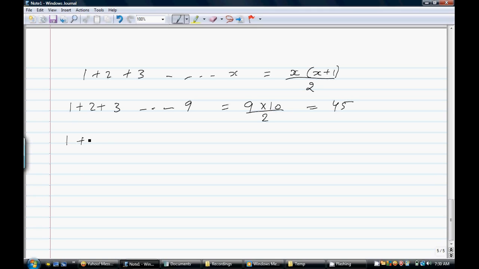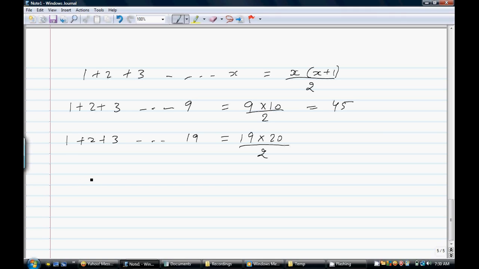Similarly, 1 plus 2 plus 3 up to 19, so I have to do 19 into 20 divided by 2. Now suppose the number doesn't start from 1 but starts from something else.